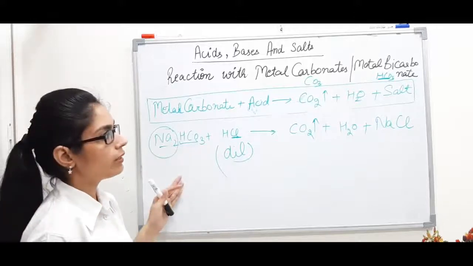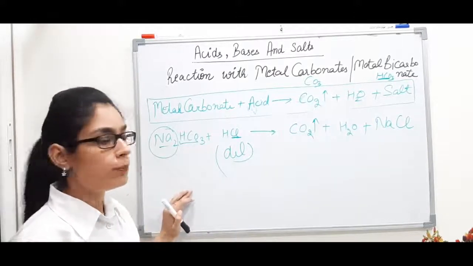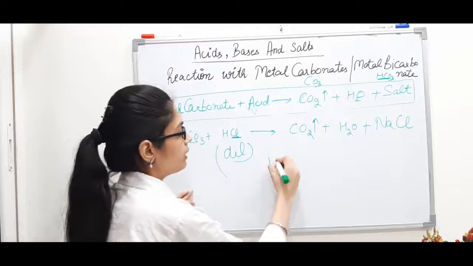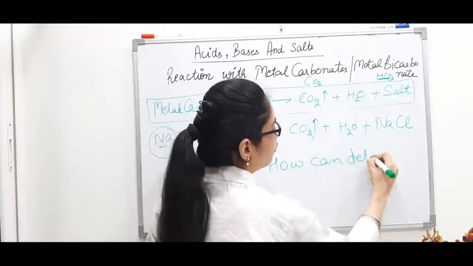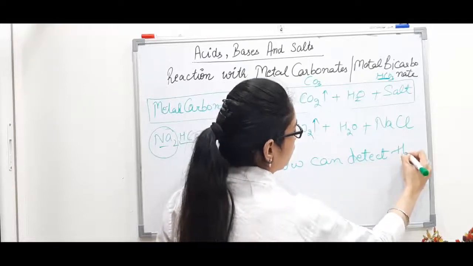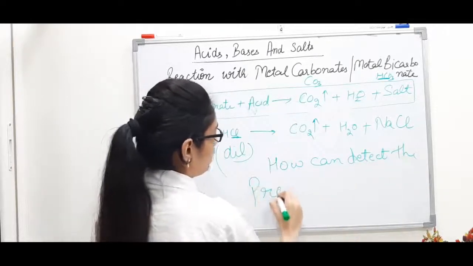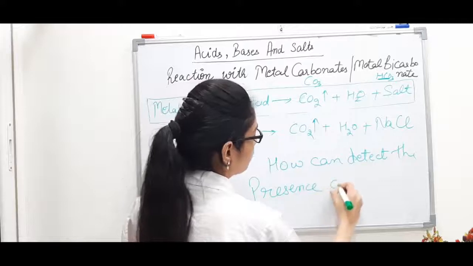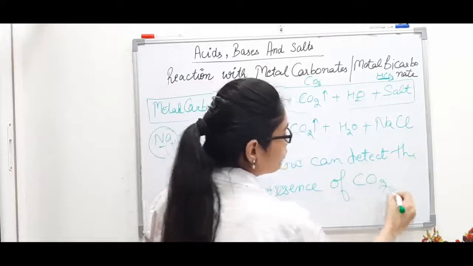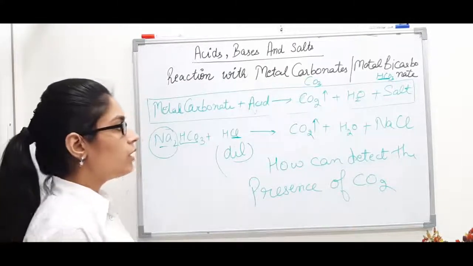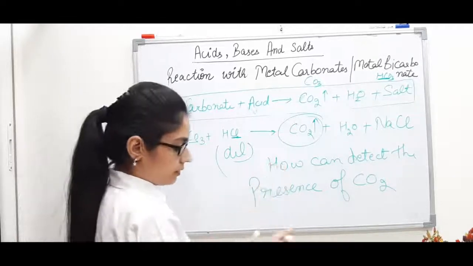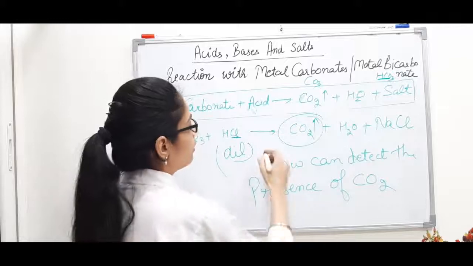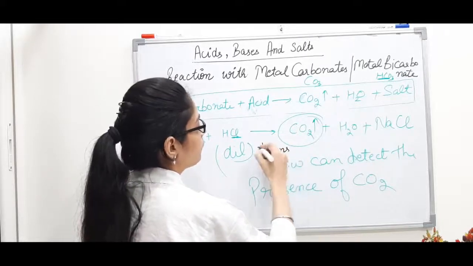In this reaction, one question is very common. How can we detect the presence of carbon dioxide? In exam, this question can be asked. This is the most commonly asked question. This is very simple. This carbon dioxide turns lime water milky.